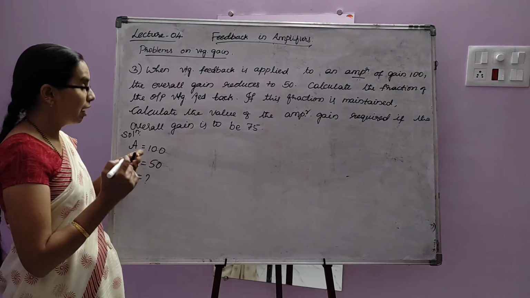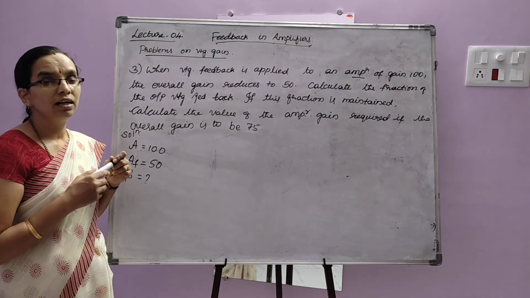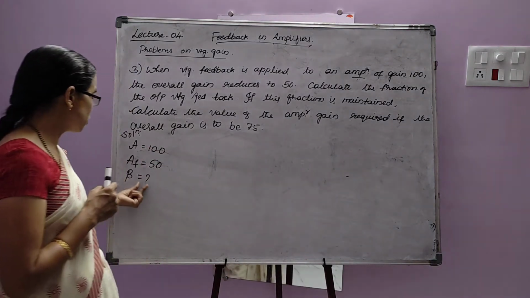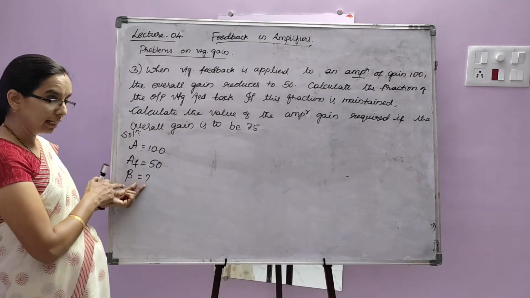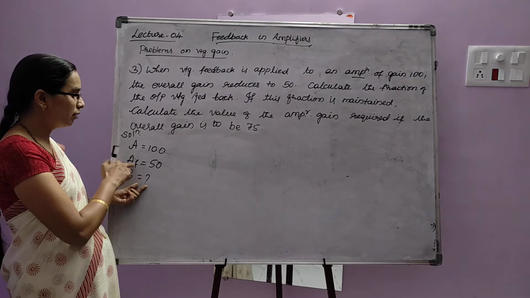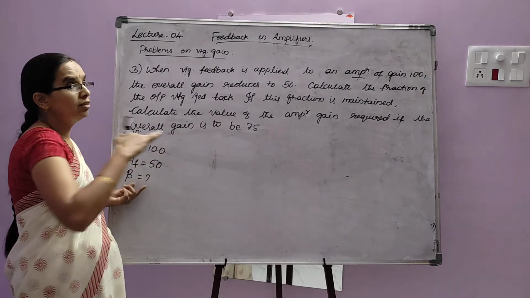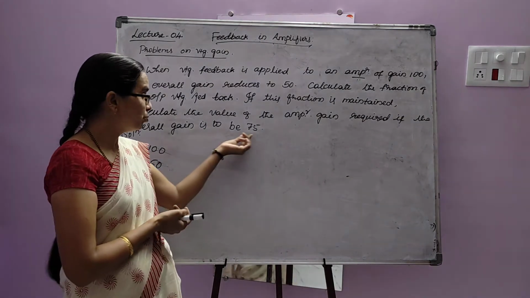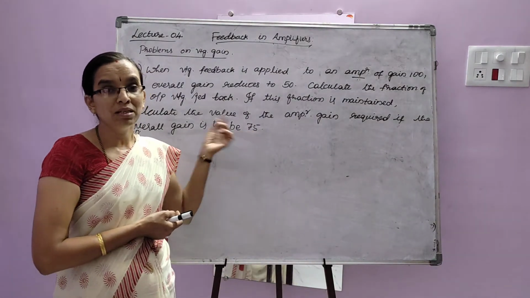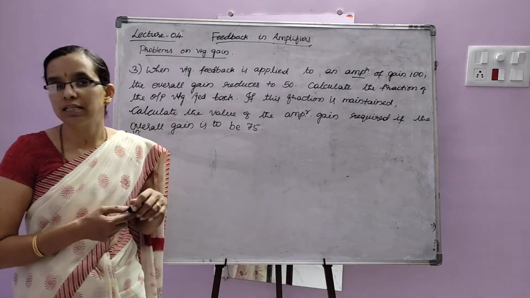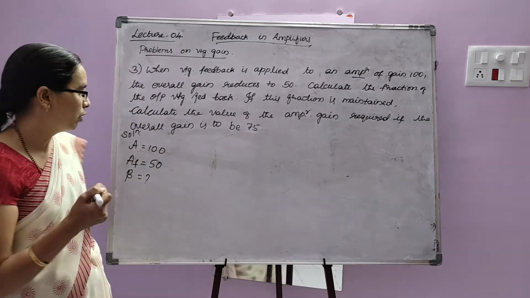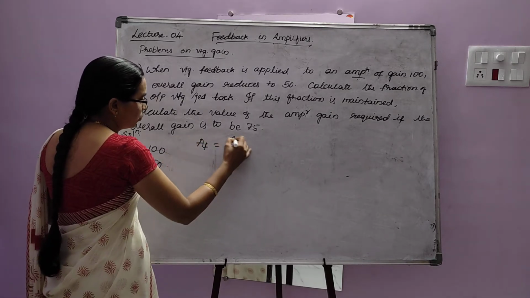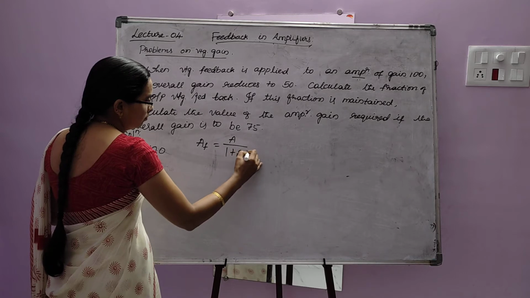That means we have to calculate the gain of the basic amplifier when, with the feedback fraction we calculate, the overall gain after applying the feedback should be 75. That means what should be the gain of the basic amplifier, that we have to calculate. Okay, first put the formula AF is equal to A by 1 plus A beta.